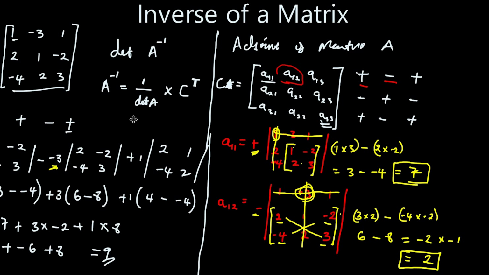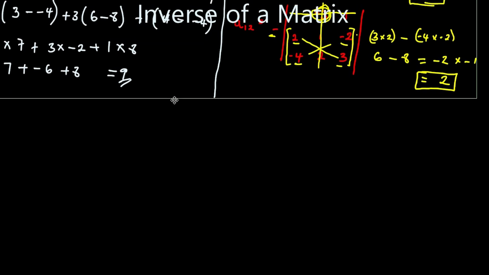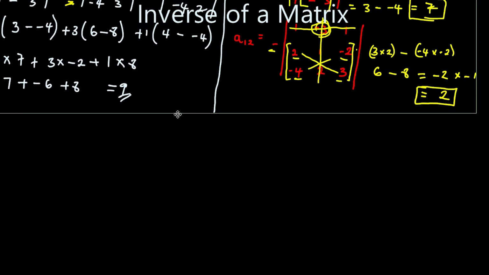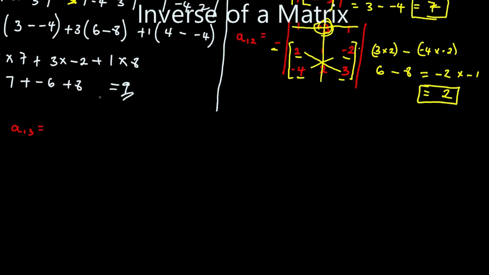So again, we move this up to that point so that we can still maintain our matrix. And we move now to A13. For A13, remember we had said we have a plus, minus, plus, minus, plus, minus all through.